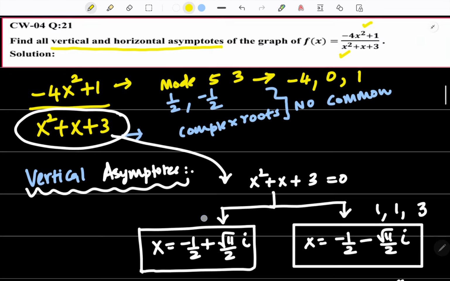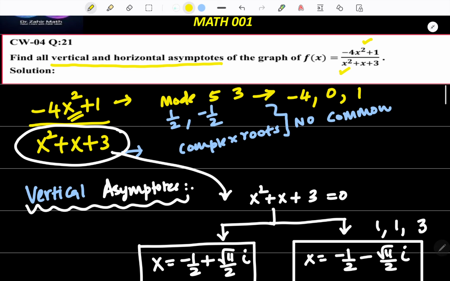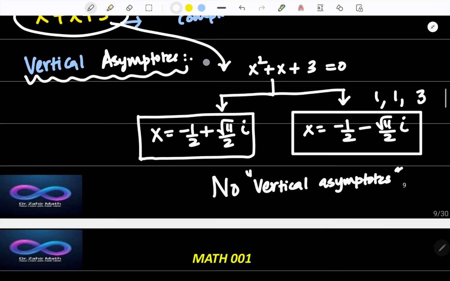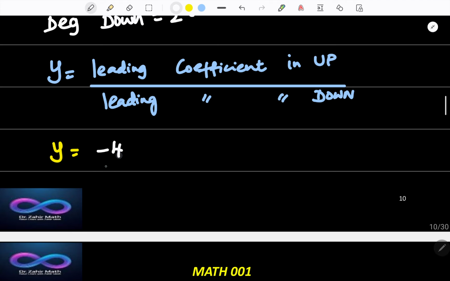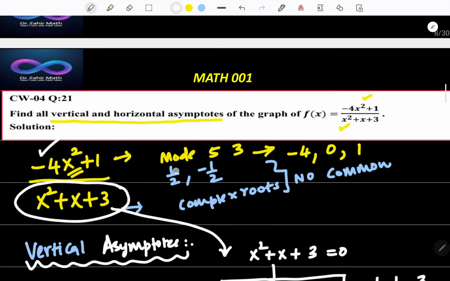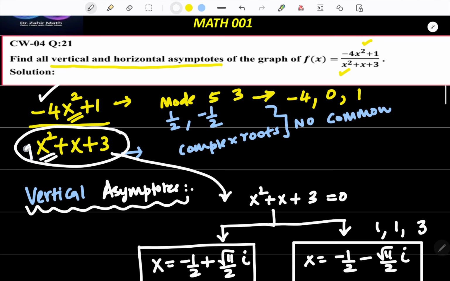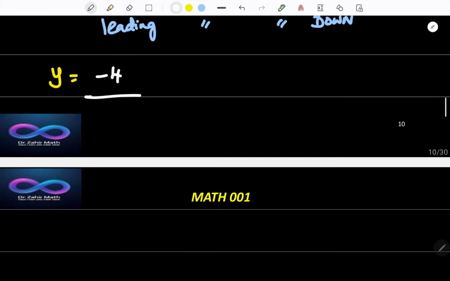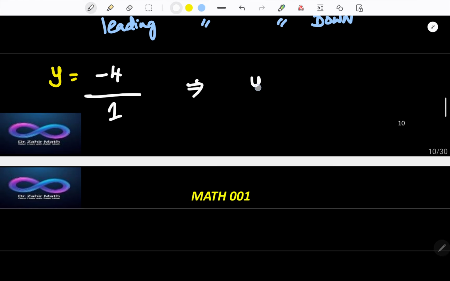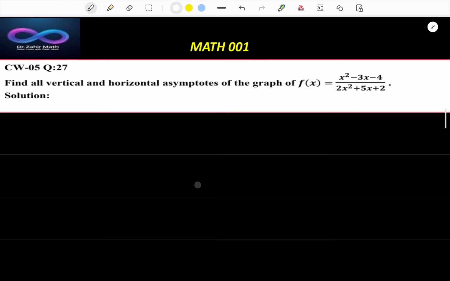Who is the leader in the numerator? Its coefficient is -4. And who is the leader in the down? Its coefficient is 1. So y is equal to -4. Clear, everybody? Clear, all of you? Right. Let's go to the next question.